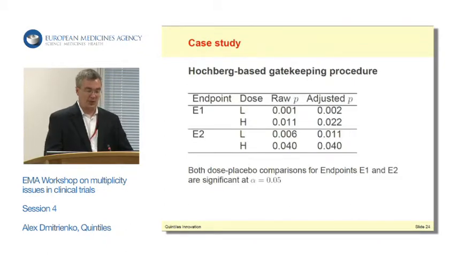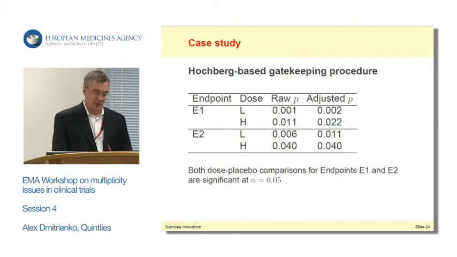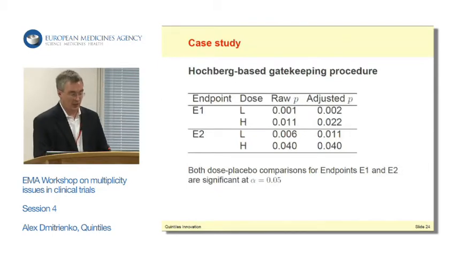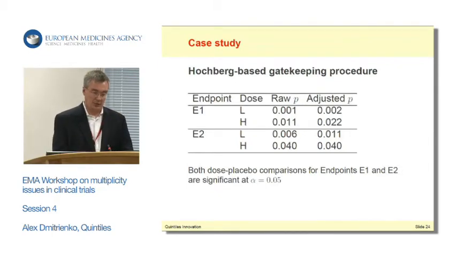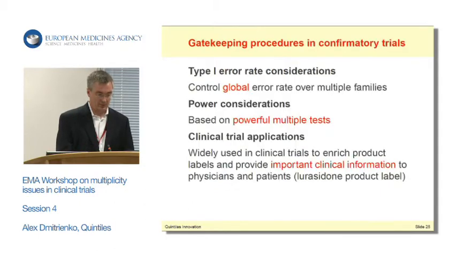In this particular case, the sponsor in this lurasidone phase 3 clinical trial decided to go with the Hochberg-based gatekeeping procedure, which I defined earlier in this presentation, and they were able to apply it quite successfully. All of the adjusted p-values, which is obviously a very important consideration in terms of regulatory review, turned out to be significant, and therefore the sponsor actually got all of the labels that they were hoping to get out of this specific clinical trial.